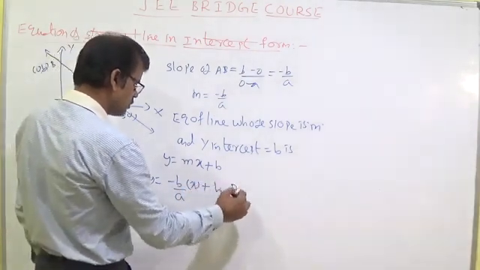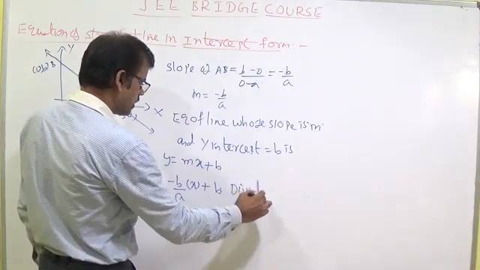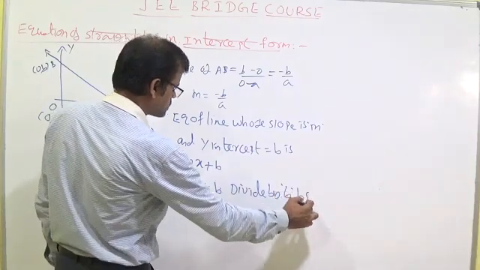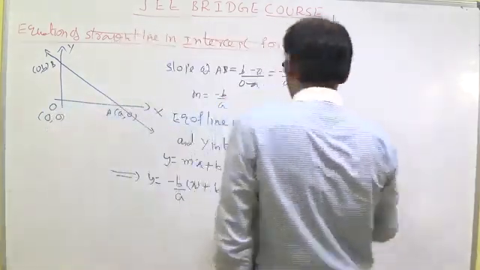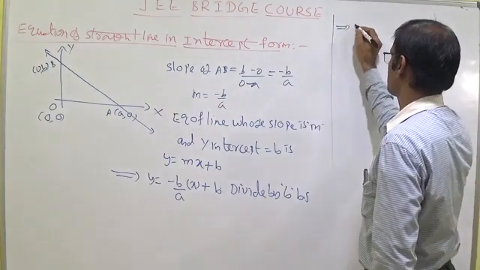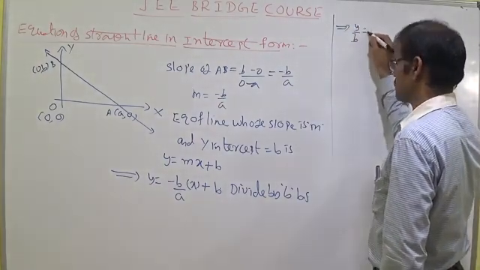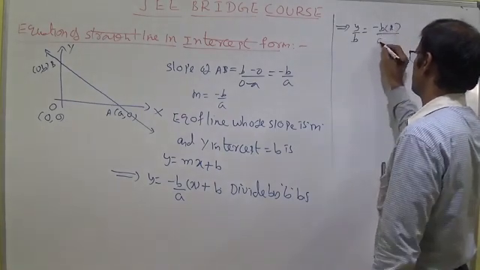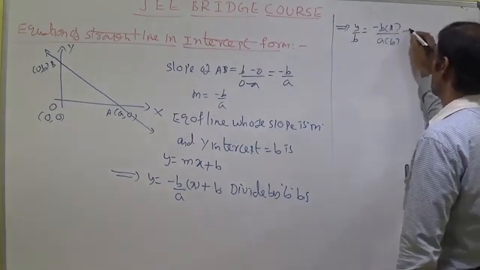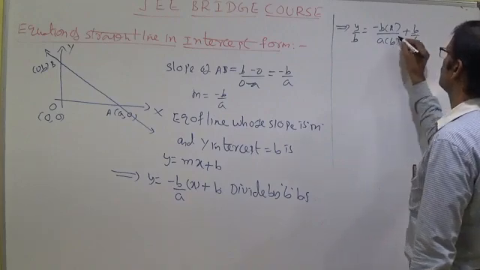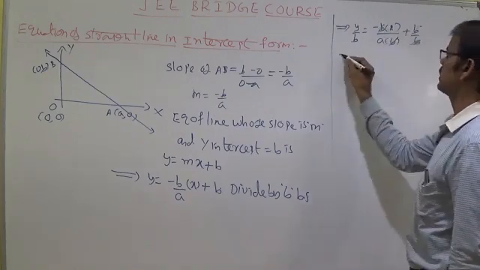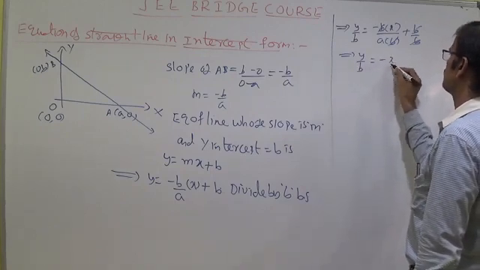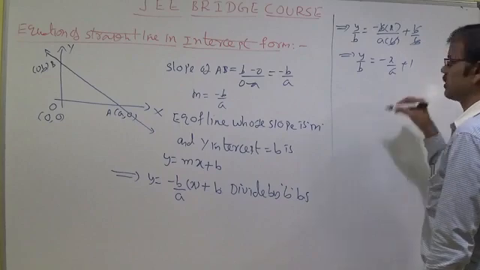Now divide by b on both sides. That implies y by b is equal to minus b into x by a into b plus b by b. Here b and b get cancelled. You can write y by b is equal to minus x by a plus 1.